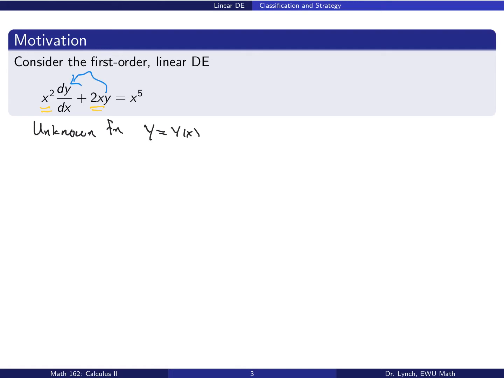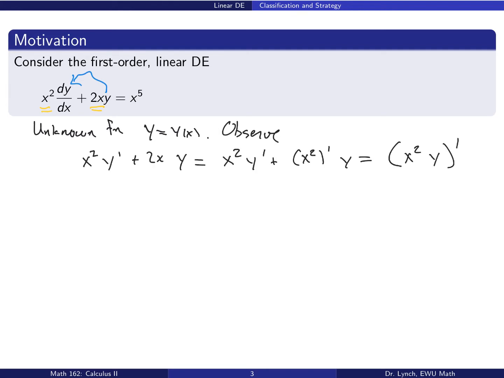what you should see is a product rule. You should see the first function times the derivative of the second plus the derivative of the first function times the second. So I'll go ahead and use our prime notation to denote that. I'm going to write the left-hand side as x squared y prime plus 2xy. We can think of this as x squared y prime plus the derivative (x squared) prime times y.